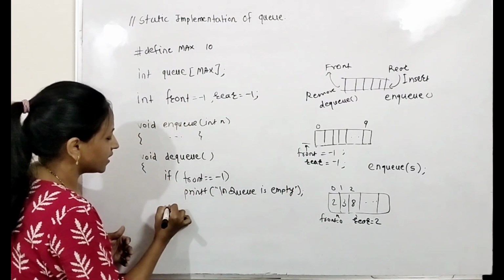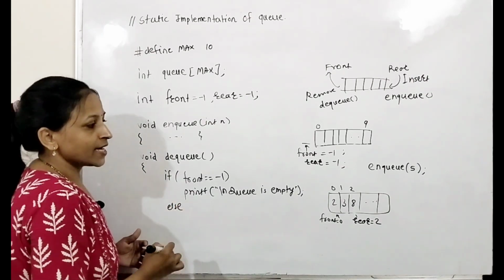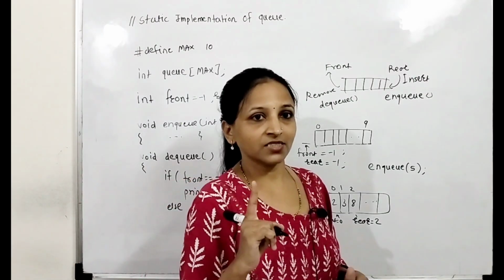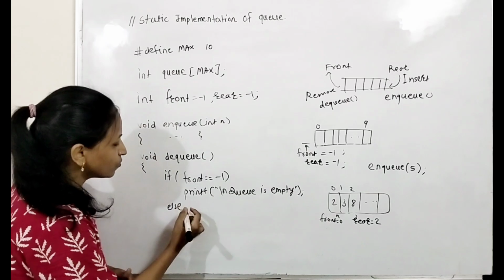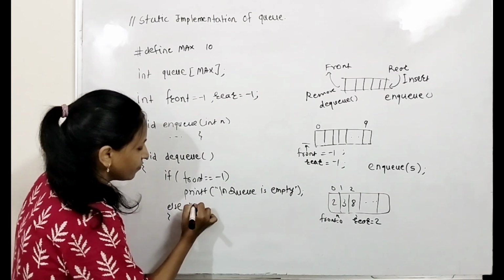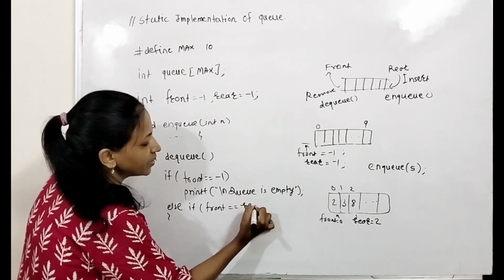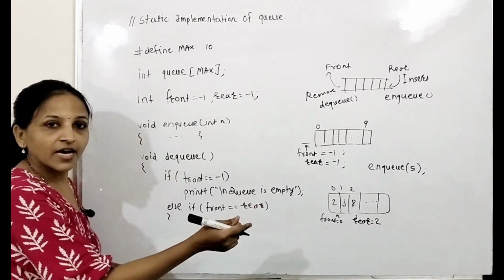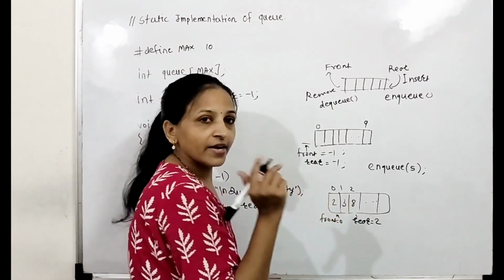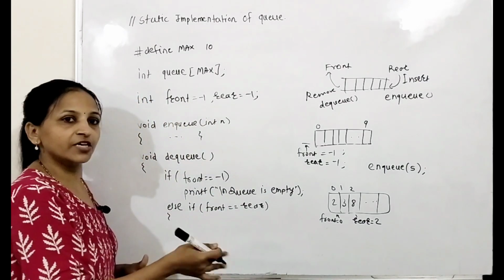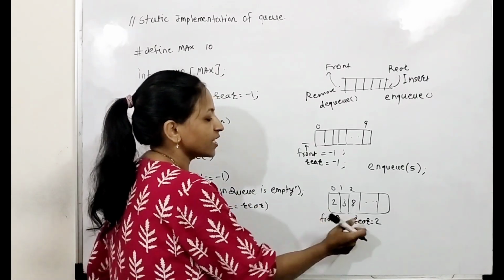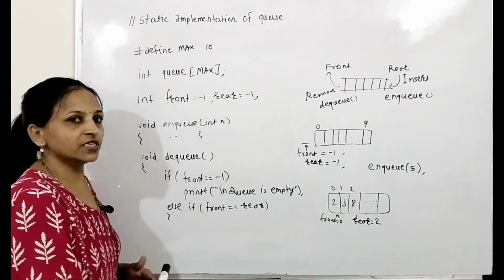Now else, there may be only one element, that is one situation. In that case, else if front equal to rear, which means both are the same, there is only one element in that Q. That element we will remove and assign the value -1 to both front and rear.